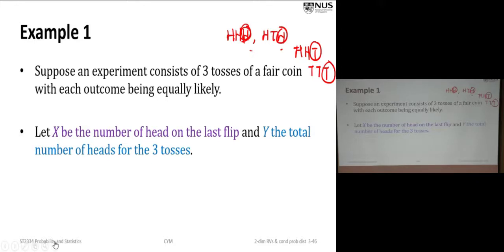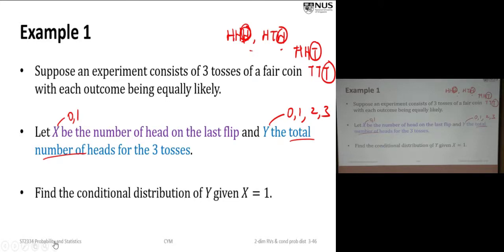While y represents the total number of heads for the 3 tosses. So x is 0 or 1. Y is between 0, 1, 2, and 3. Right? With 3 tosses, you can get 3 heads, or you can have 0 heads. This is the total number of heads.